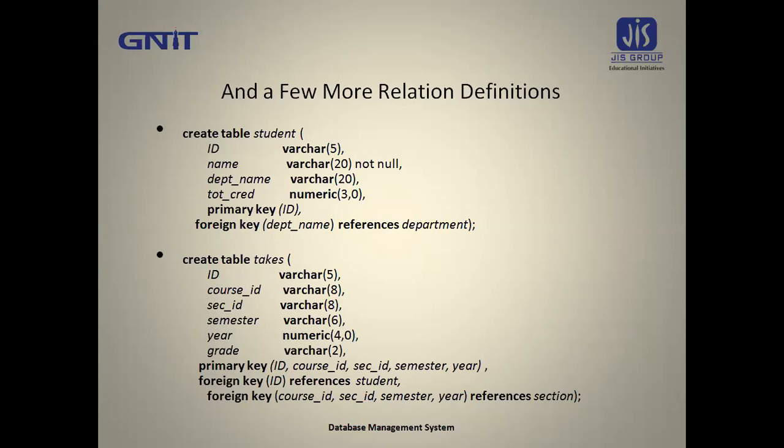So it is possible that your relation has multiple foreign keys, which in turn reference different relations. Like here, the ID foreign key references the student relation, and course ID, section ID, semester and year reference the section relation.